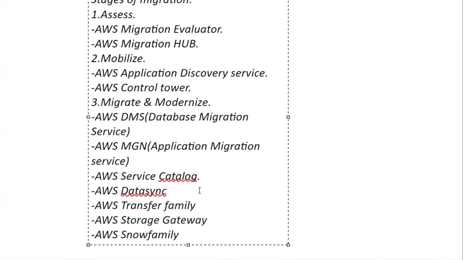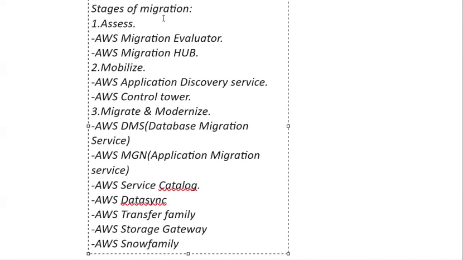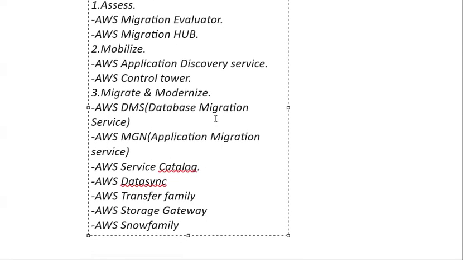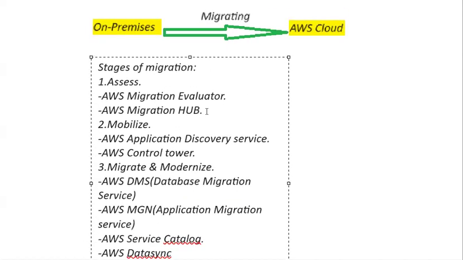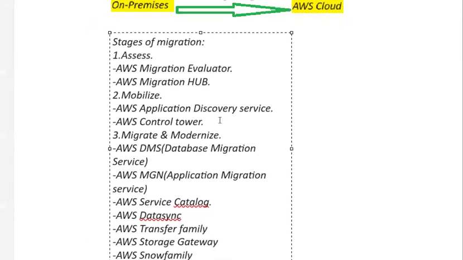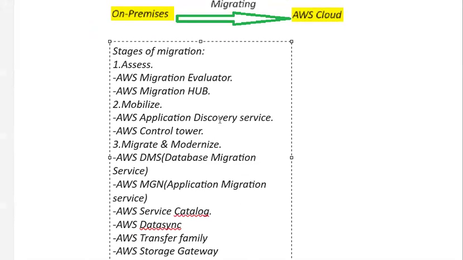In order to perform migration, it is very good to learn about all these services in AWS so that you have knowledge of them. Then it becomes very easy to perform this migration from your on-premise data center to the AWS cloud.